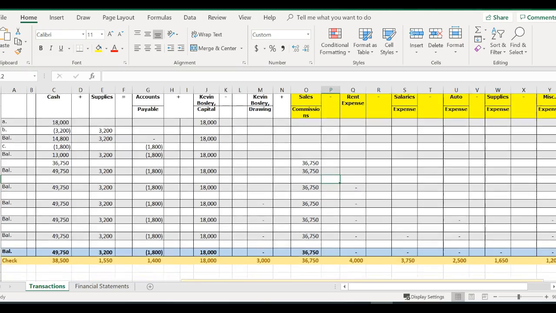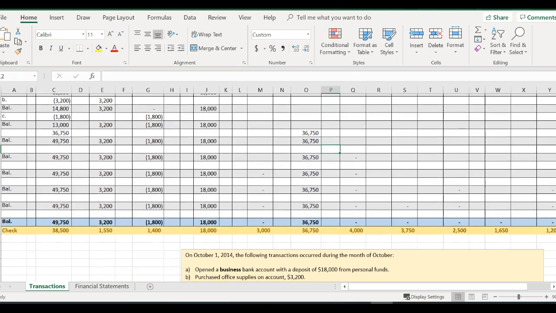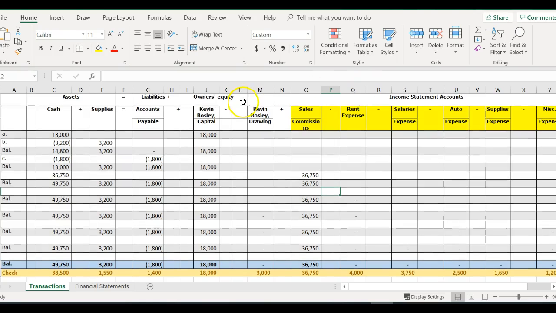Now our next one is going to be we paid rent and equipment for the month. This must be office expense or a rental expense. So that's $4,000. So if I paid something, that means I use cash. So that's going to be a negative 4,000.